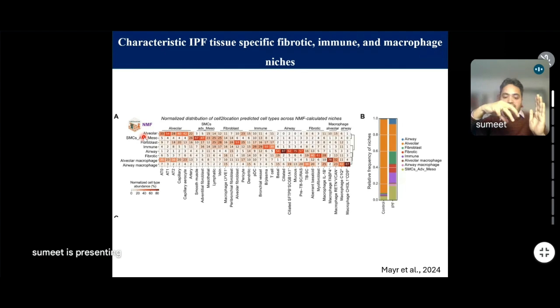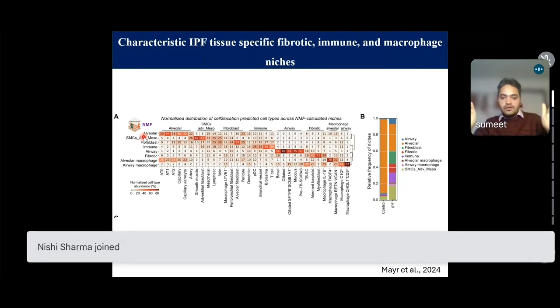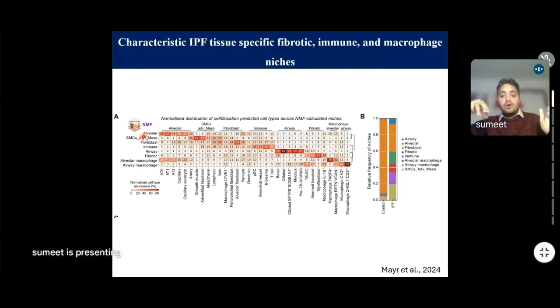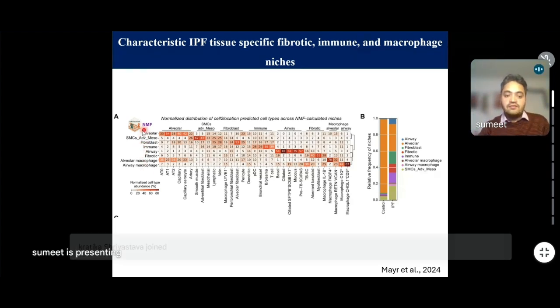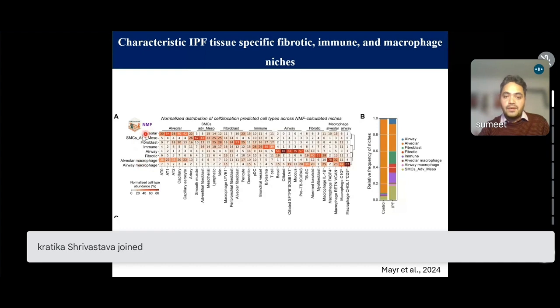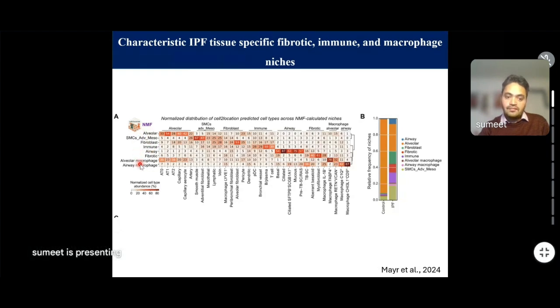This way, rather than taking the whole tissue, you can categorize it into small pieces. So these are different niches, or different areas present in the lung tissue.